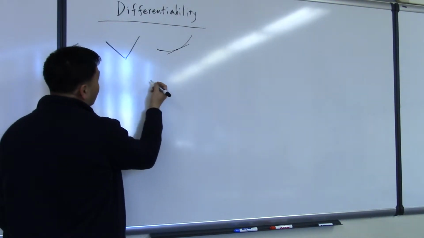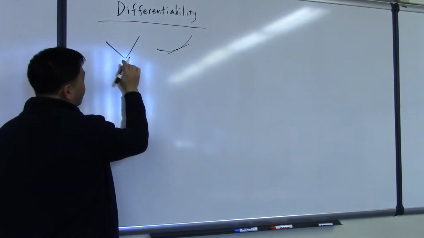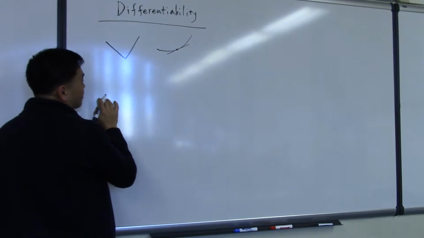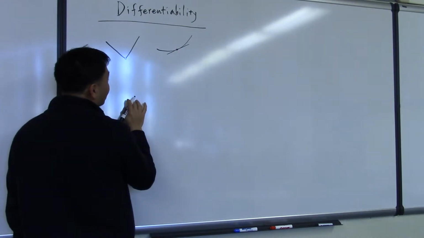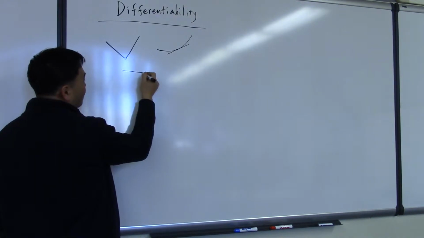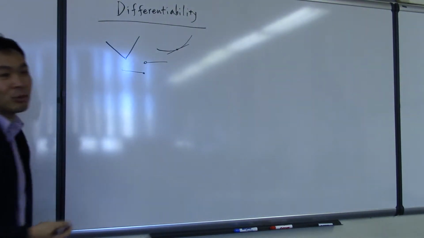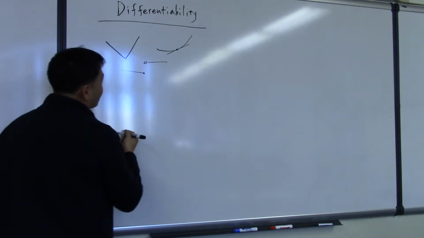Okay, so let's think about why in this case you don't have a derivative and why in this case you do, and what happens if the graph is not continuous. If you have a jump discontinuity like this, what happens?